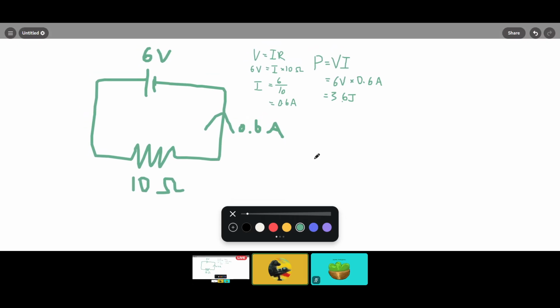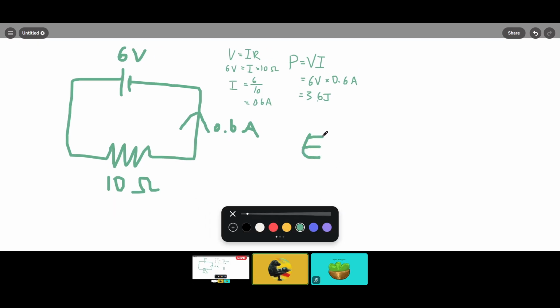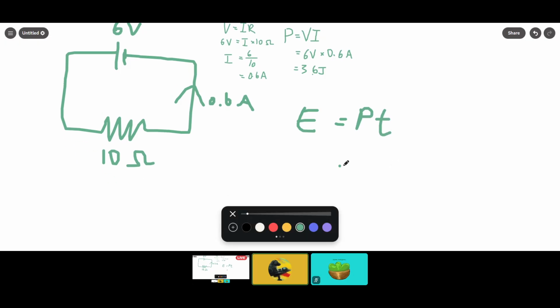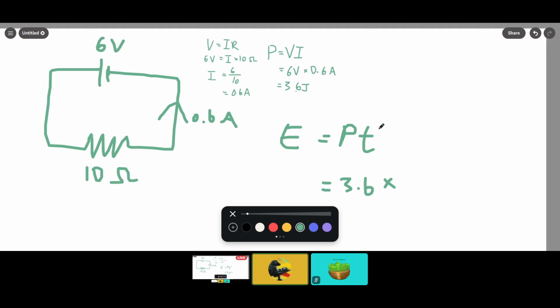In a minute, how much energy is used? You can pause now. Alright, we know the equation E equals PT. So we can just sub in the values: 3.6, and I said a minute, and in a minute there's 60 seconds, because we need to convert from minutes to seconds since T is in seconds.